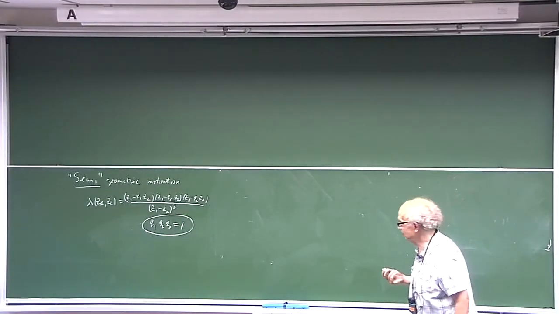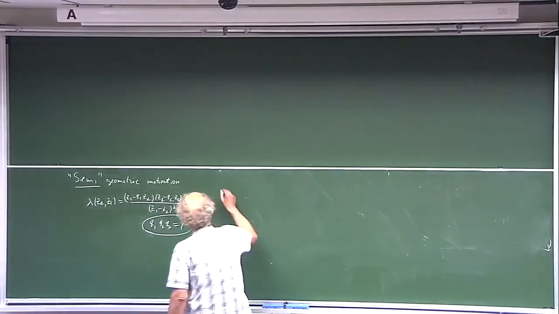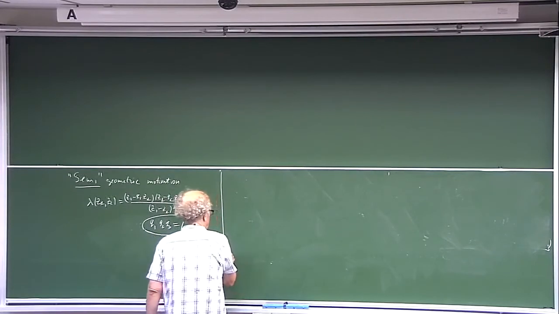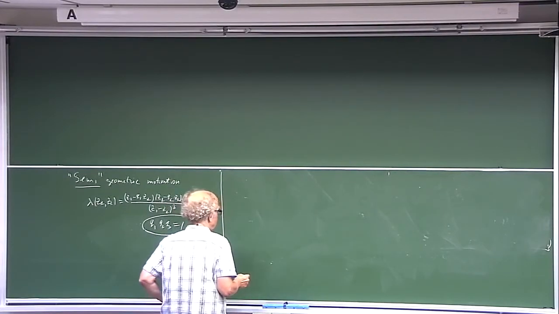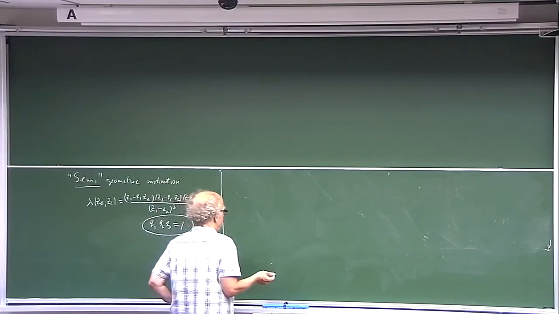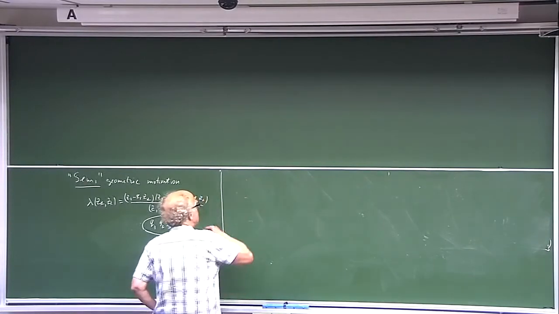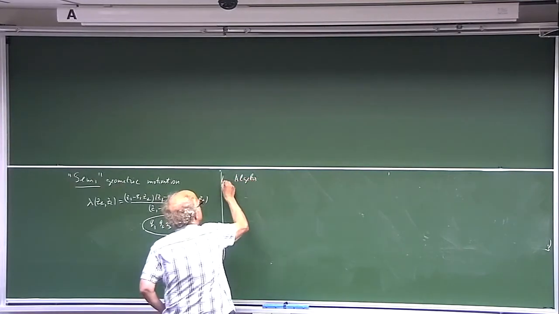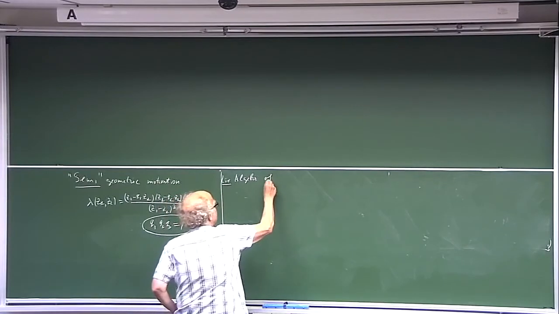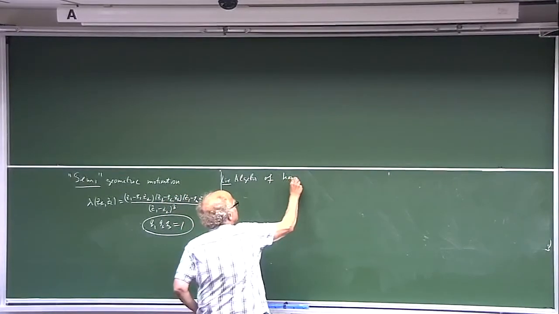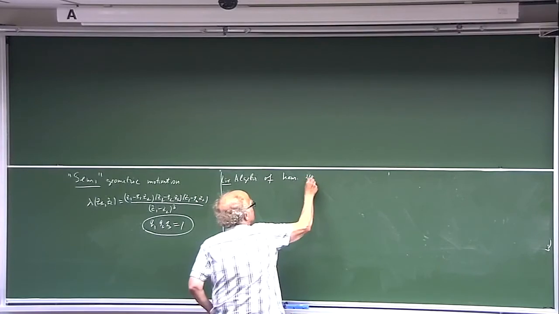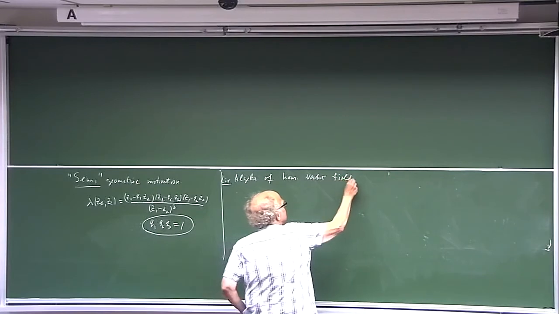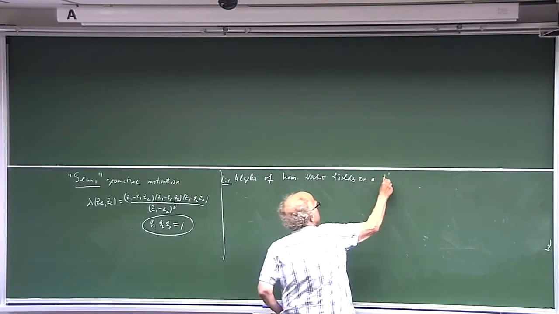At the end of my previous lecture I determined the Lie algebra of Hamiltonian vector fields on a torus.